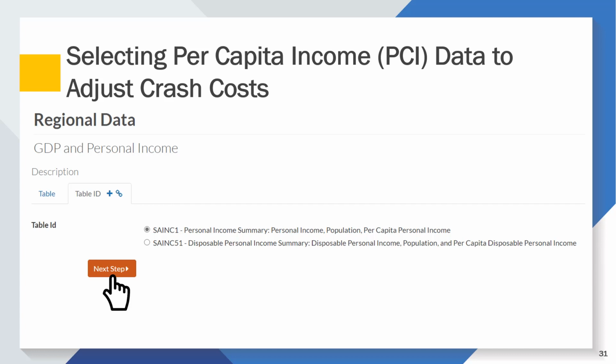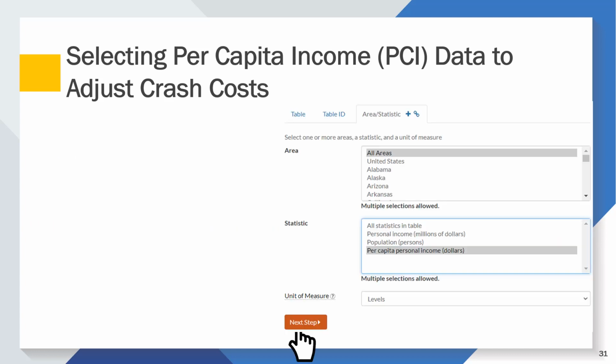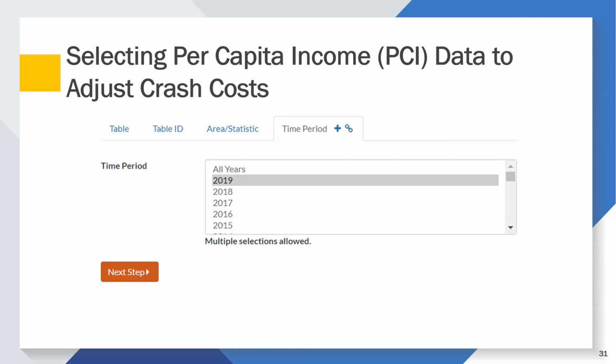Select SAINC1 and click Next Step. Select all areas, select per capita personal income dollars, and then click Next Step. Finally, select the year or years of interest and click Next Step. The result is a table of PCI values based on the previous selections.